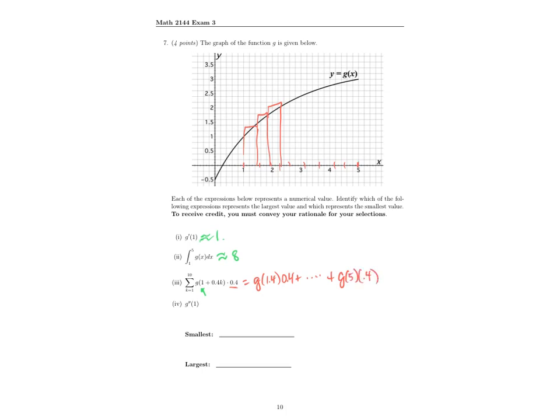And so if I look at this Riemann sum, it's a right-hand Riemann sum. And since it's a right-hand sum, I know it's going to be greater than the integral. So this is greater than the integral from 1 to 5 of g of x dx, because it's a right-hand sum.